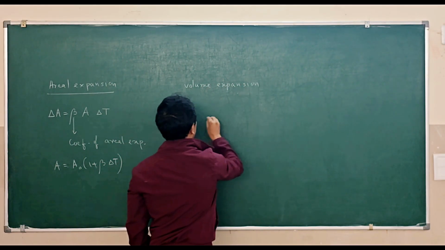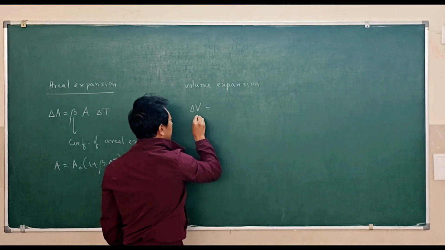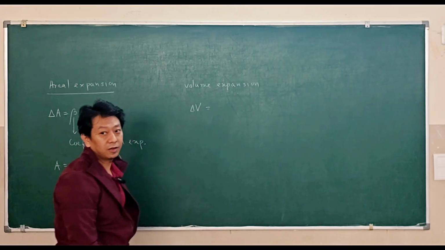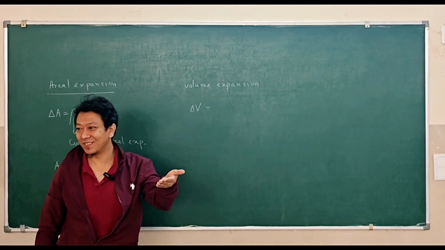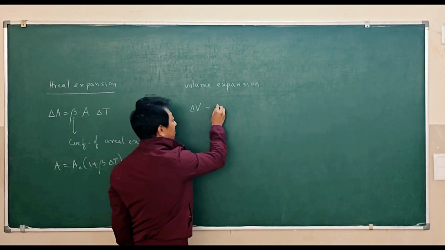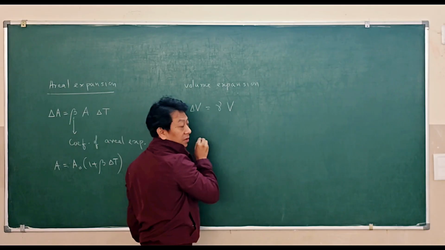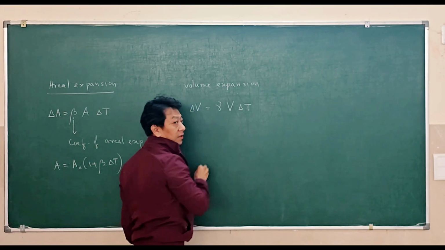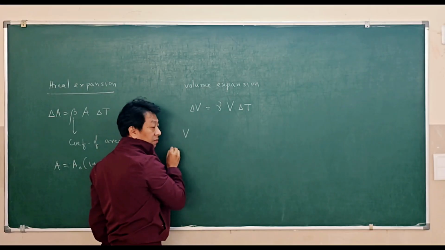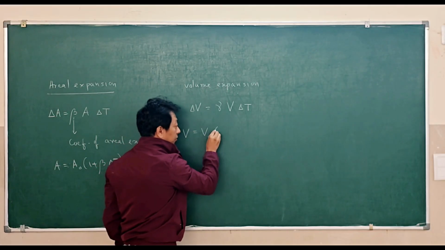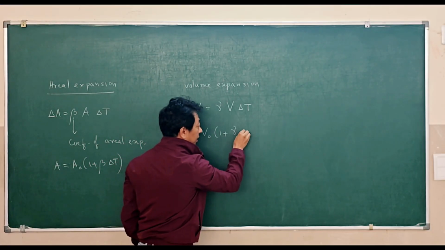How will we write? Delta V equals to, what constant do you think I will put? After alpha, beta, what comes? Gamma. So we will write gamma, original volume, delta T. And this formula, how will it be here? Final volume will be equal to original volume into 1 plus gamma delta T.